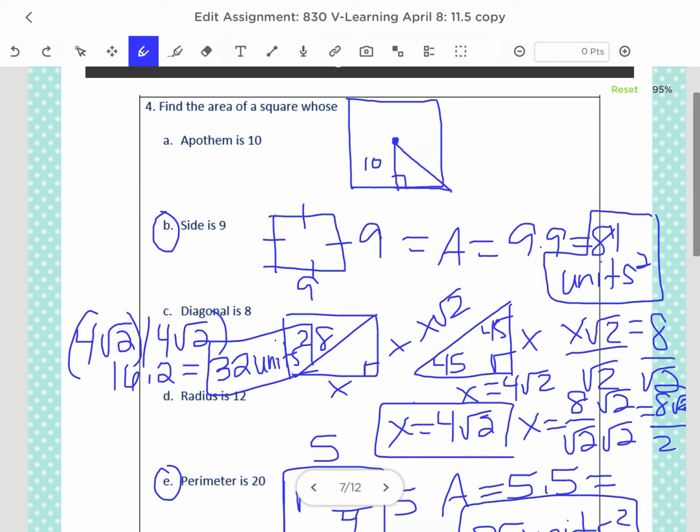I'm going to draw in the right triangle there. Now it's a square, so I know these angles are going to end up being 45 and 45. And since I know that the 10 is across from one of the 45s, that means the other side over here is also going to be 10.